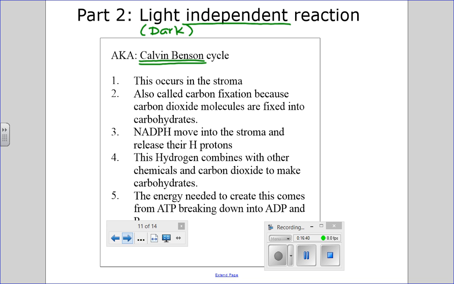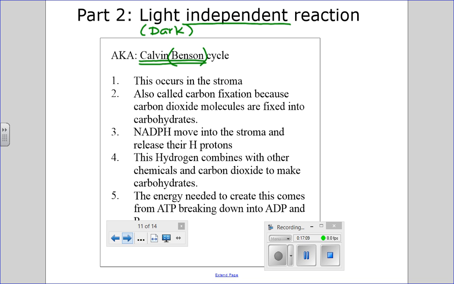Usually when people are talking about this cycle, I found anyways, we usually just say Calvin cycle, not necessarily Calvin-Benson cycle. So what I'm trying to get at is there's a lot of ways to refer to this second part of photosynthesis. As long as you can recognize them all and know which part we're talking about, I'm not going to give you a vocabulary quiz on what all the names are. I just want you to be aware that there's more than one way to refer to it.